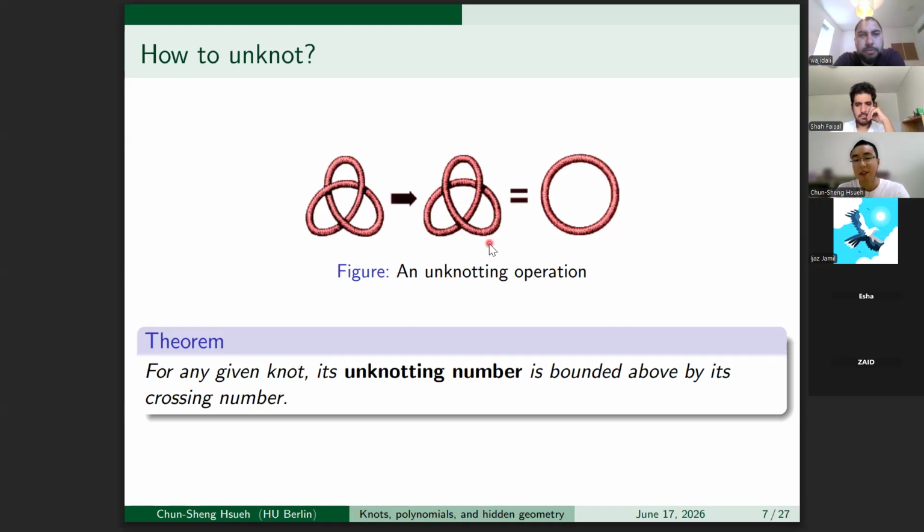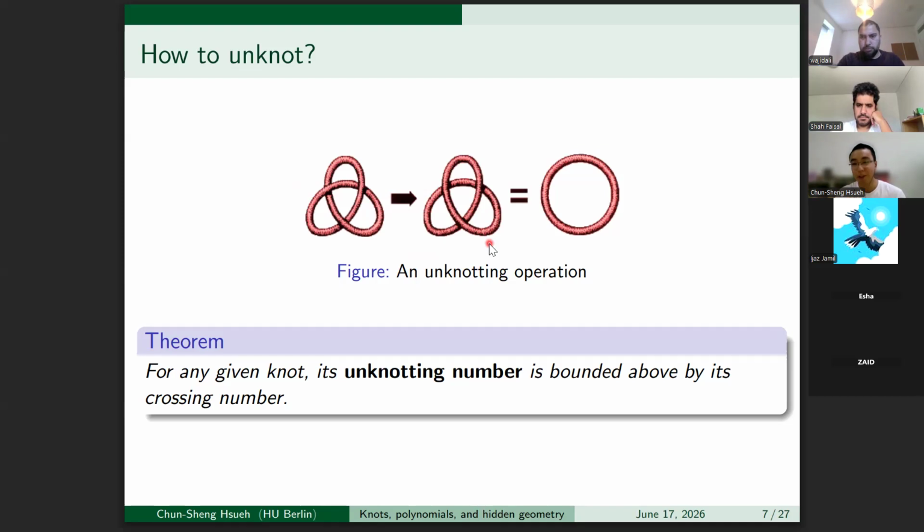But you need at most three, because in this diagram there are three crossings. You just need to make choices at each crossing, which one should be on top and which one should be below, to give you the unknot at the end. So that's why, or another way to read this, the unknotting number is a lower bound for your crossing number.